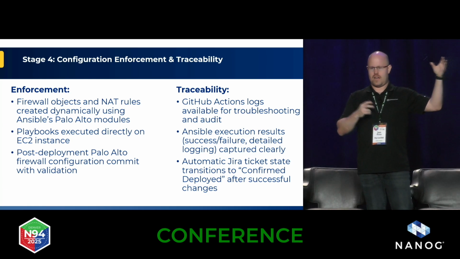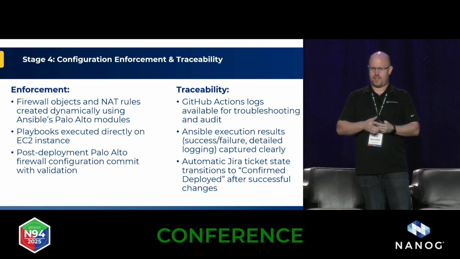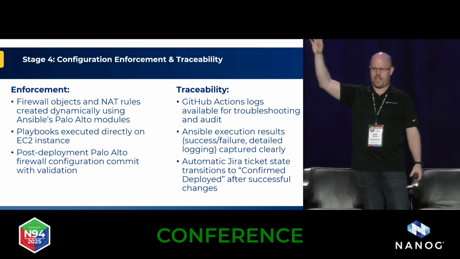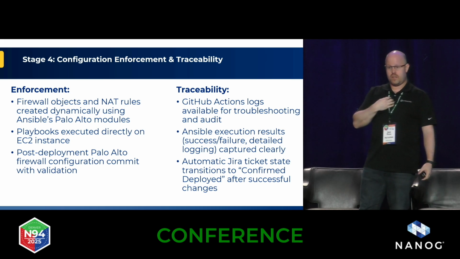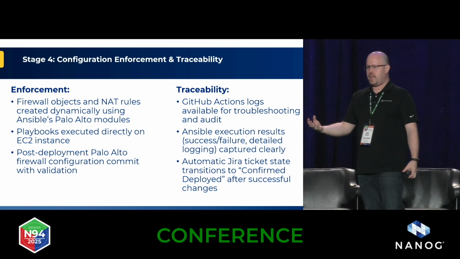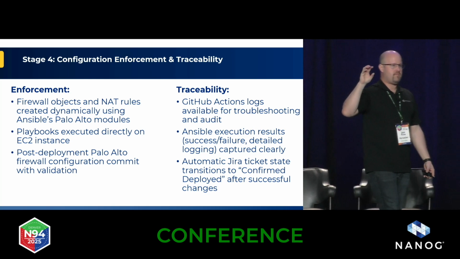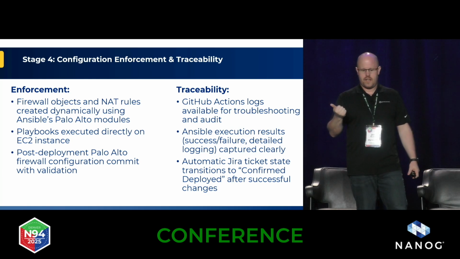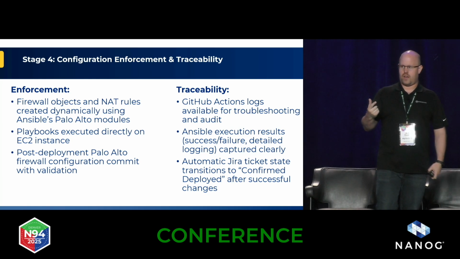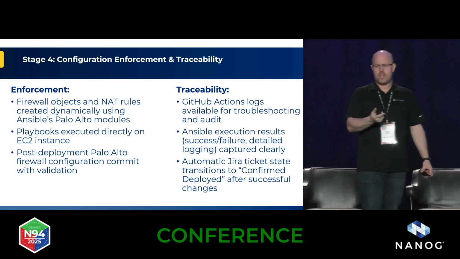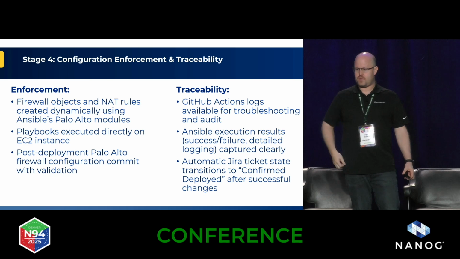So if you think about how this works, GitHub Actions is essentially running a container that is executing Ansible code. What I had to do in this demo is have a step that, after we have the payload, the JSON from the ticket, and we have the playbook ready to go, copies that information over to an EC2 instance that's running in AWS.